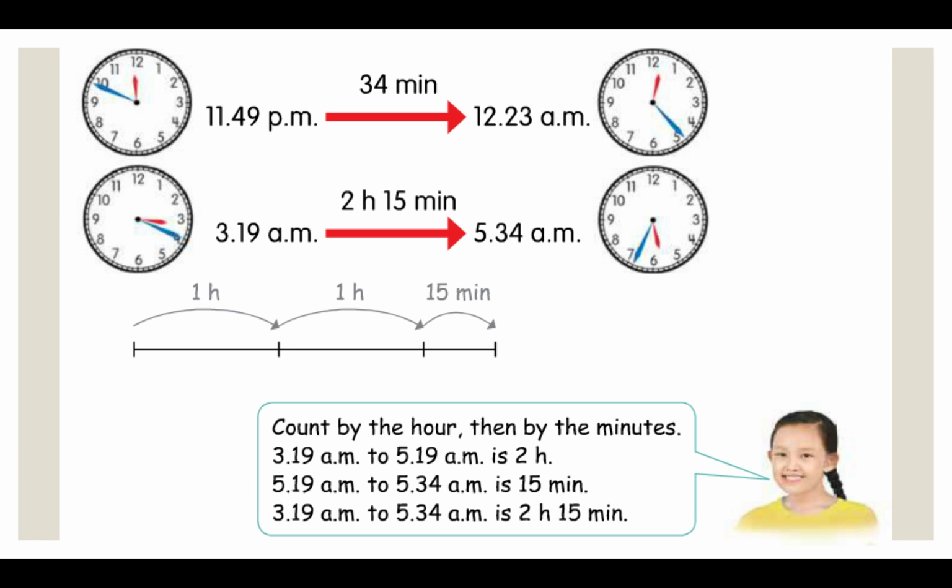Going on. Now, what if the starting time is 11:49 p.m., which is very late at night, and all of you should be asleep by then, and the ending time is 12:23 a.m.? Now, let us see. We shall first count the number of minutes here.